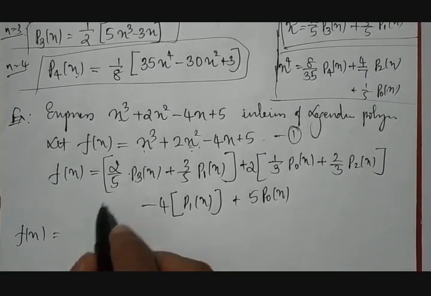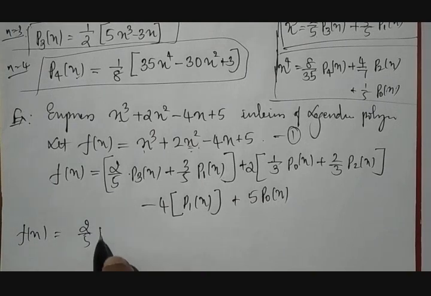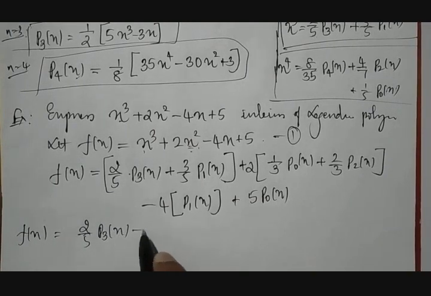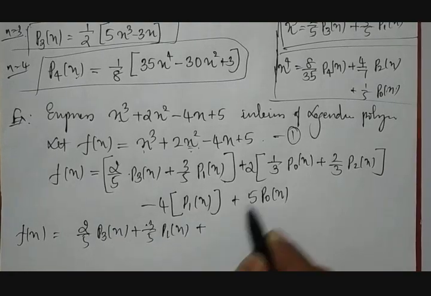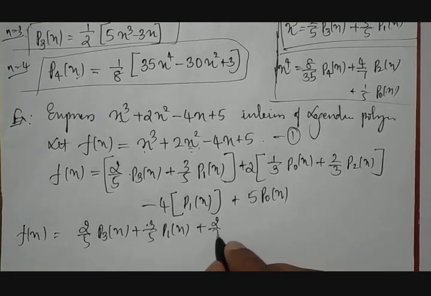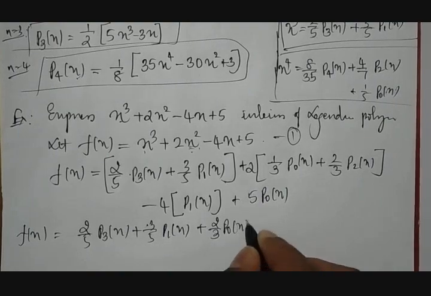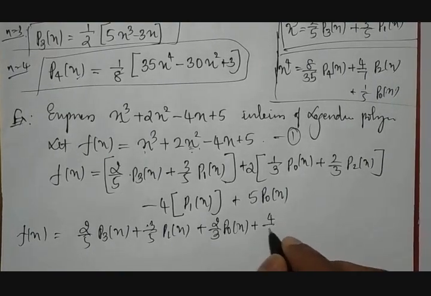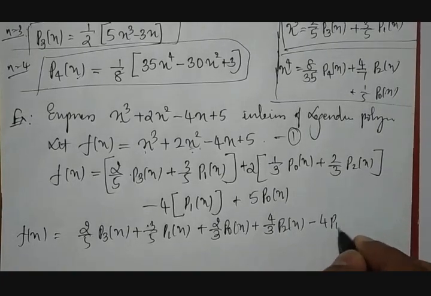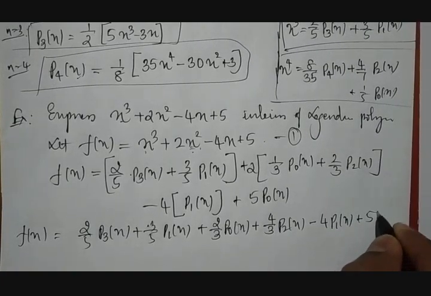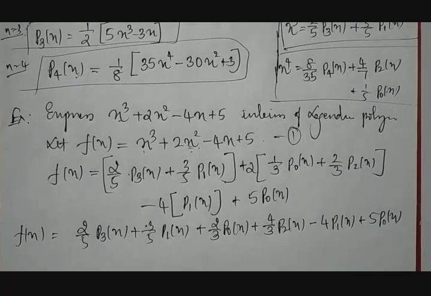How will it be simplified? 2 divided by 5 p3 of x plus 3 divided by 5 p1 of x plus 2 into this: 2 divided by 3 p0 of x plus 2 into 2, 4 divided by 3 p2 of x, minus 4 into p1 of x plus 5 times p0 of x.